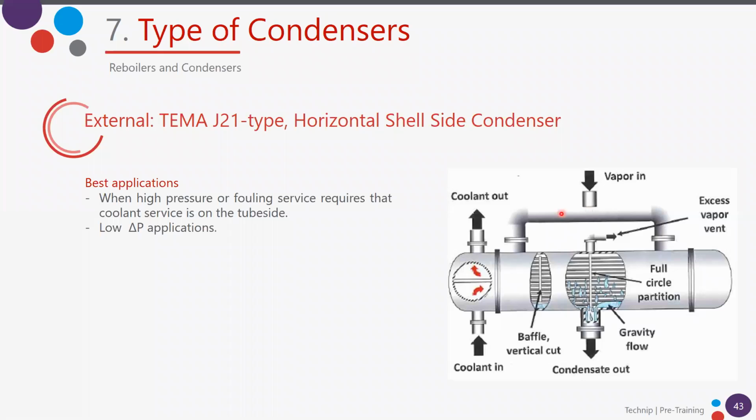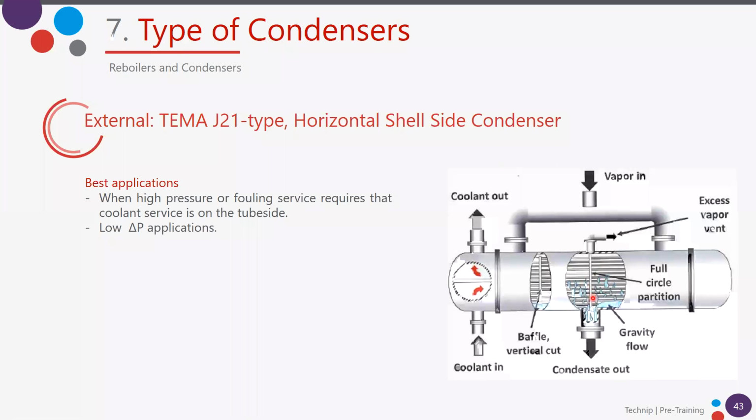Here it is split into two nozzles, and it enters the shell side, where it flows through the bundle, and it condenses and goes out with this nozzle located in the middle of the shell side, and this side the same. And we have in the middle a full circle partition.